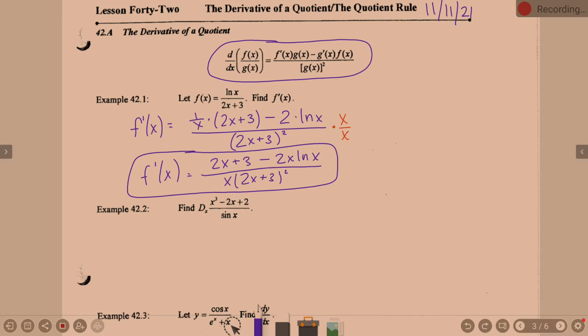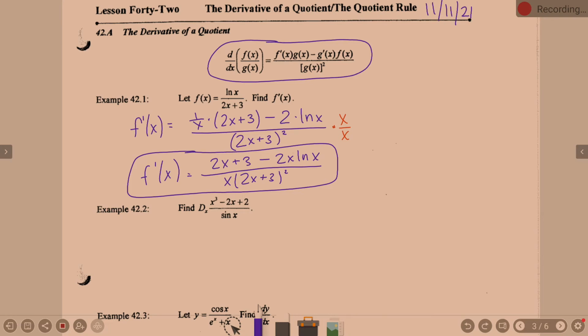My thought was, if I make this 2 over x plus 3 over x and multiply the x, I still end up back at 2x plus 3. So there are different ways you could get this to work. Leaving the x out of the denominator was a no-go, though. That was just a mistake.